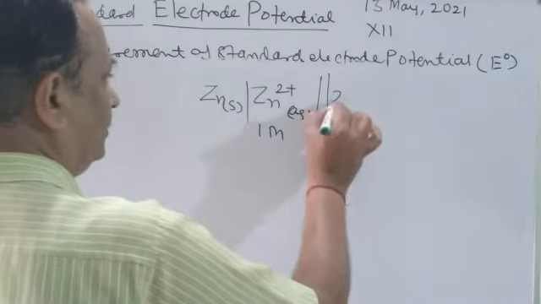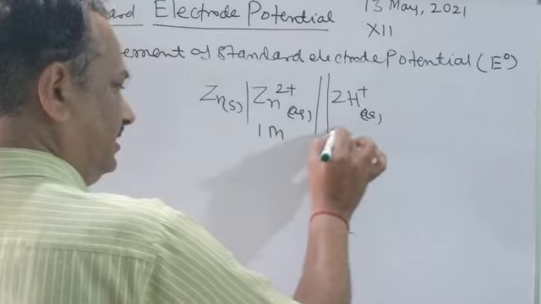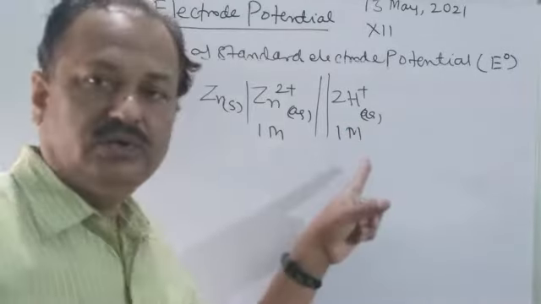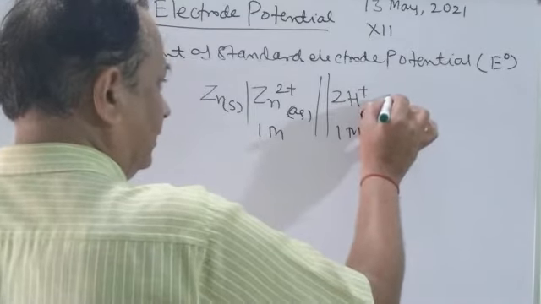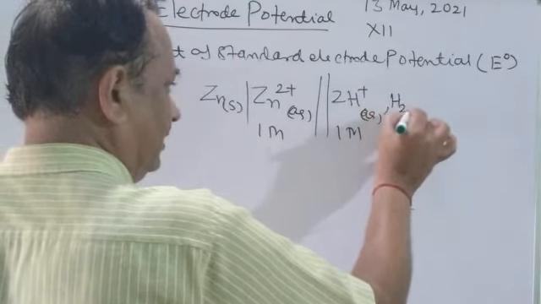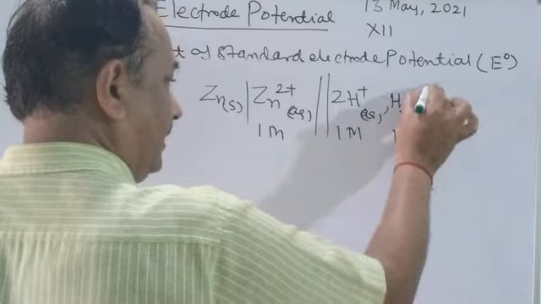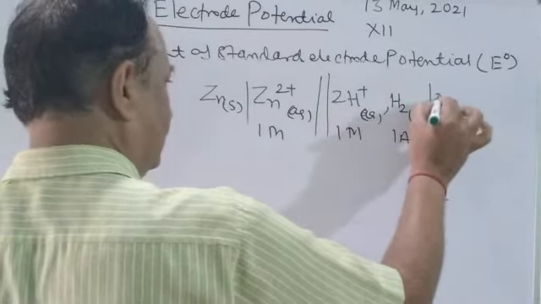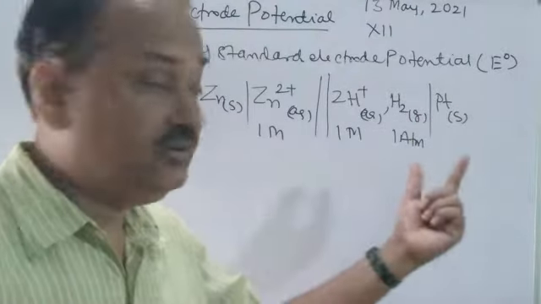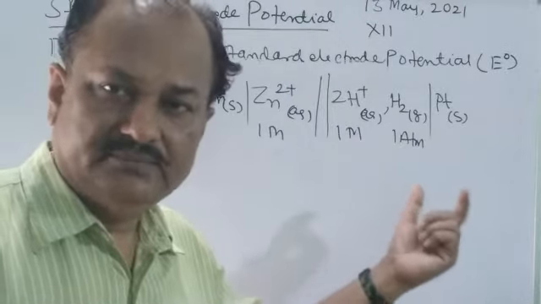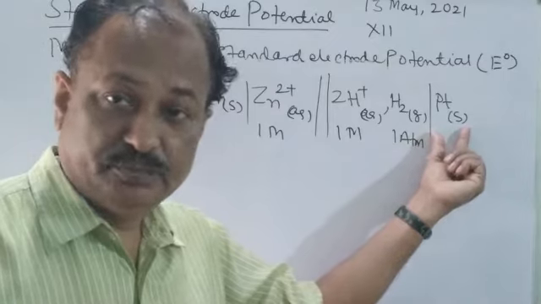Again here we have 2H+ ions aqueous, and it is standard, so it is again 1 molar acid solution. Here we have H2 gas, and here we write 1 atmosphere, and here we write platinum solid. Some persons do not write this platinum, but it should be written because it is used as a medium to pass the electrons.